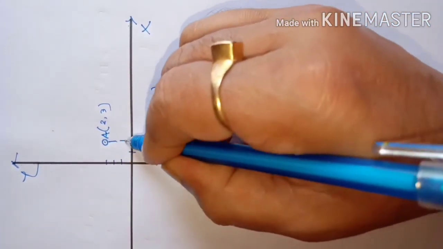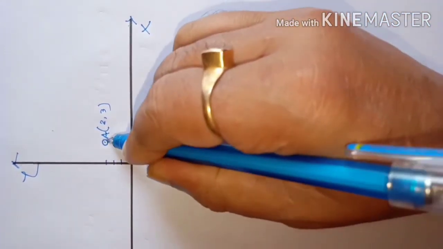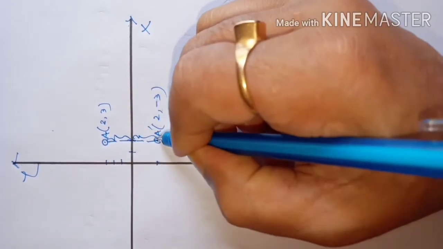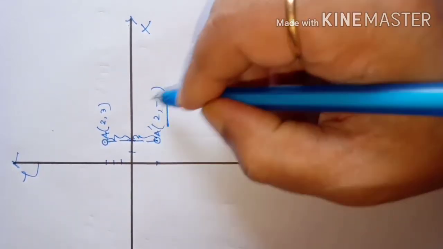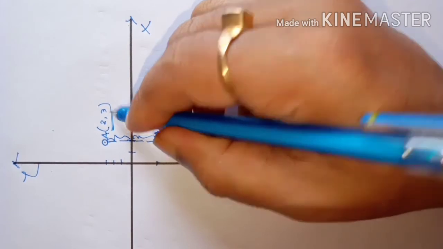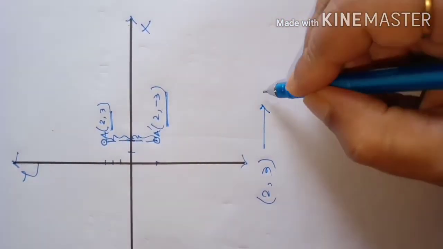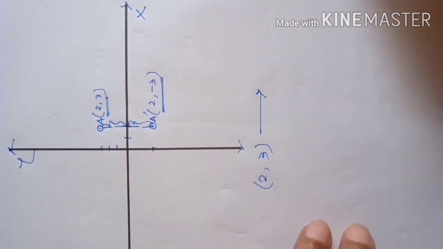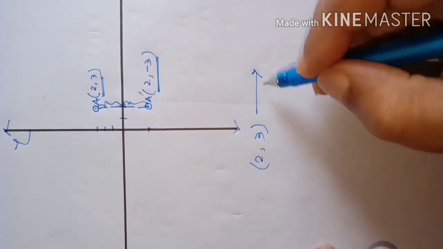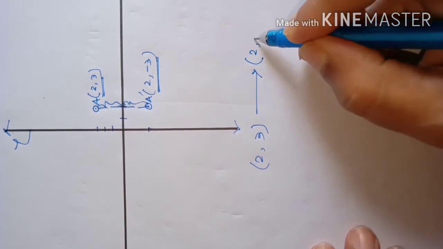It will be just like an image, you see this distance is equal to this distance. So then you can say this is an image of this point. So for (2, 3), the corresponding pair which can be treated as an image is (2, minus 3).